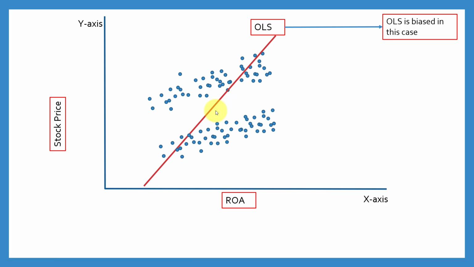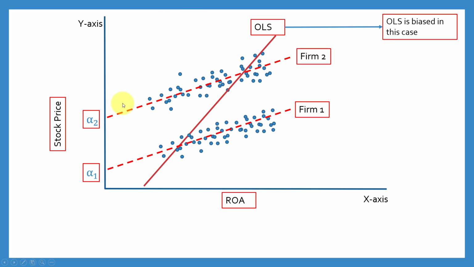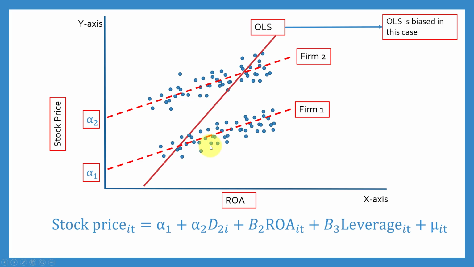So what we do is, when we create a dummy variable, we have different intercepts for different firms. So for example, for the first firm, we have a different intercept that would be represented by one dummy, and then for the second firm, we would have a different intercept, and that would be represented by a second dummy. So now you can see, although the slopes are the same for both of these lines, we have a different intercept, and hence they now represent the data.